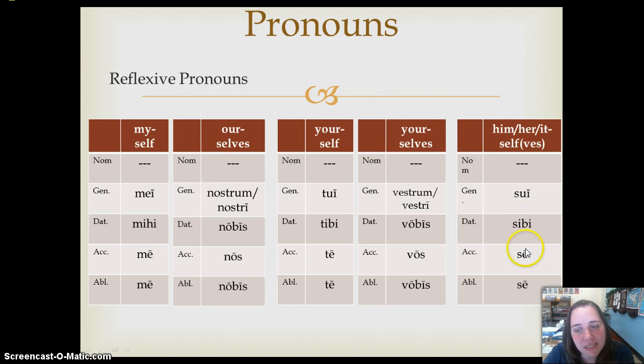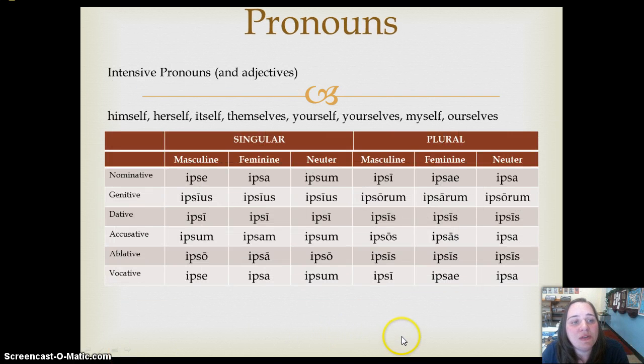So sui means of himself, of herself, of itself, or of themselves. Same with sibi, to or for himself, to or for themselves. Se and se being also similarly both singular and plural. We also learned some intensive pronouns. For example, ipse, ipsa, ipsum.